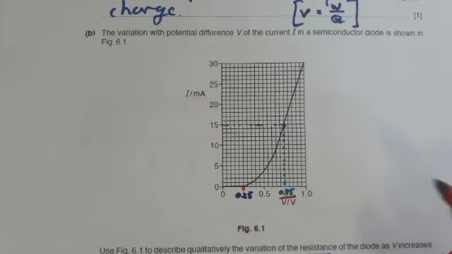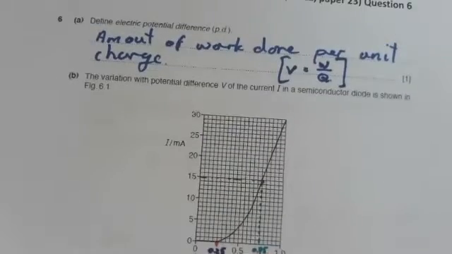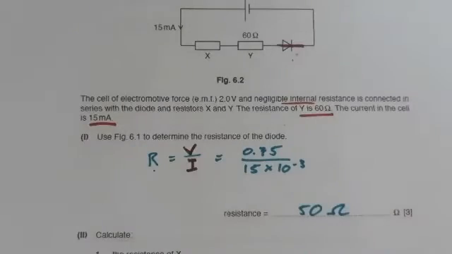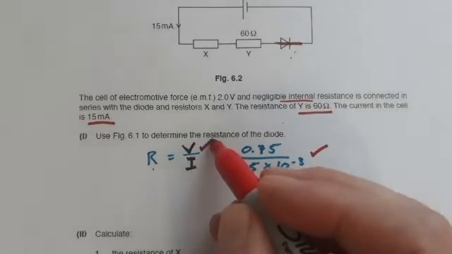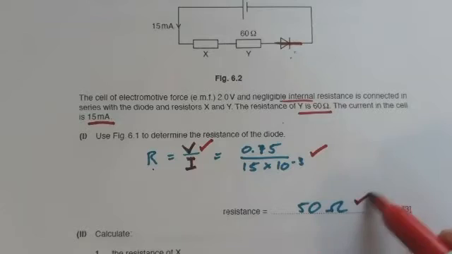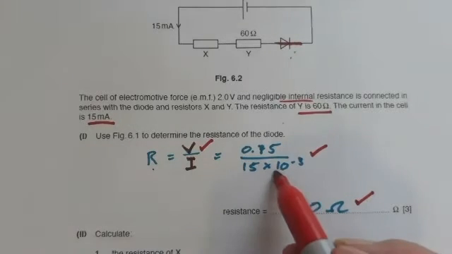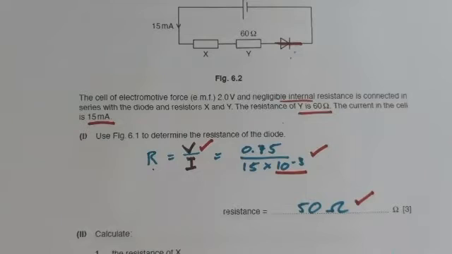Show this on your graph in your question paper. Then you can quickly refer back to it, and it helps you not to make a mistake. This was actually not bad: 2 values in the formula, and then for your answer, 50 ohm. Remember, it's milliamperes, so times 10 to the negative 3.